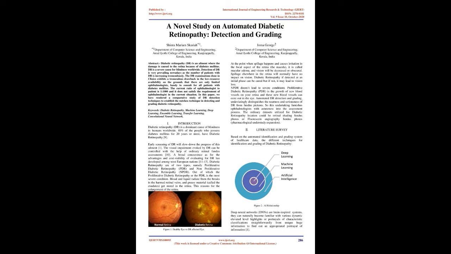CNNs have given insights into different clinical investigations, with capacities rivaling those of clinical specialists, particularly when applied to skin cancer classification, breast cancer classification, lung cancer classification, and retinopathy of prematurity detection.